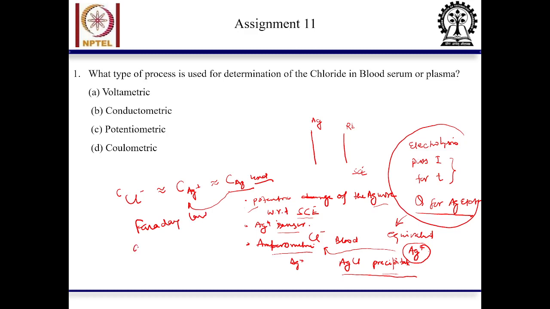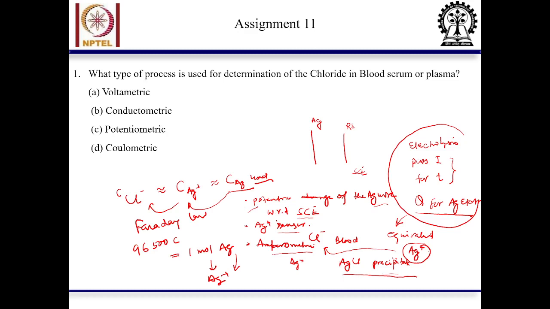So basically we know that 96500 coulombs will convert 1 mole of silver to silver plus. So from how much charge we have given, we can calculate the concentration of silver plus ion. So from there we know the concentration of Cl minus.